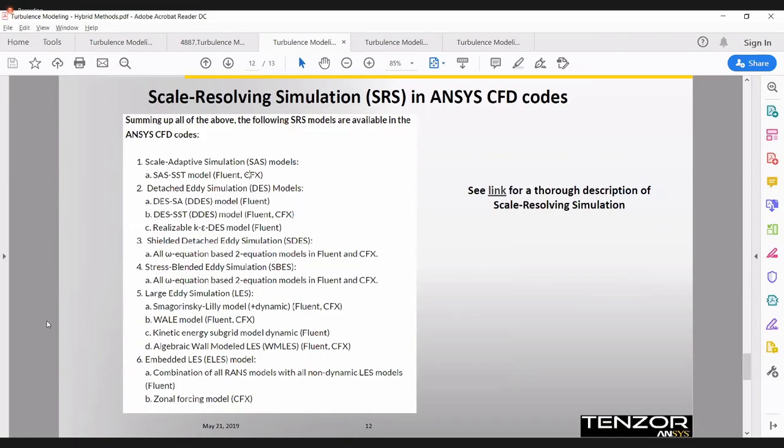So all these models, actually what we have here is the Jones-Launder model from 72 with a little bit of the Wilcox model, and that's about it.